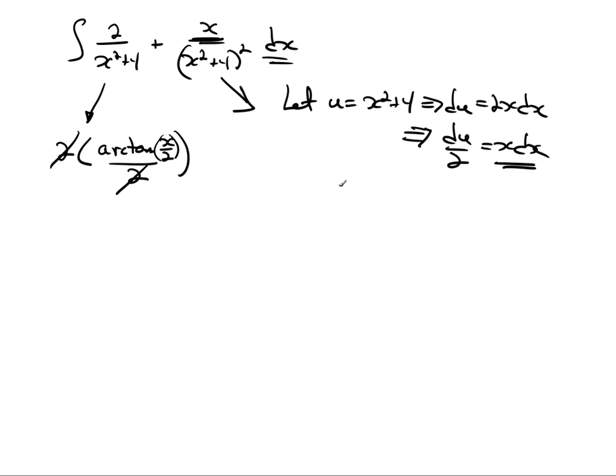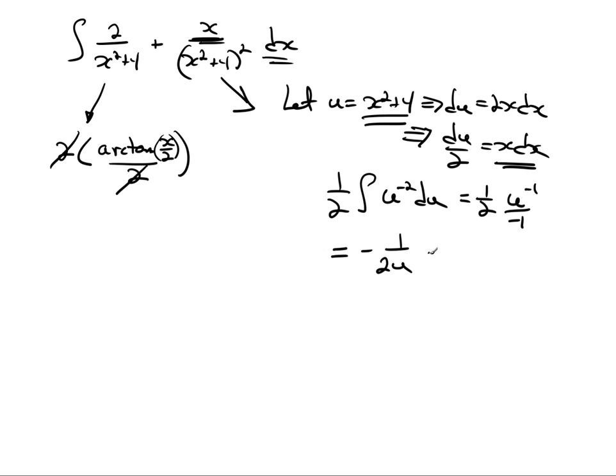So I can take this as 1/2 times the integral of u to the negative 2 du, which is going to be 1/2 u to the negative 1 over negative 1, which obviously I would write as a negative 1 over 2u. But what did we say u was? U was this. So this is a negative 1 over 2 times x squared plus 4. Now, I guess we could multiply this 2 through here. Whatever, it doesn't really matter.